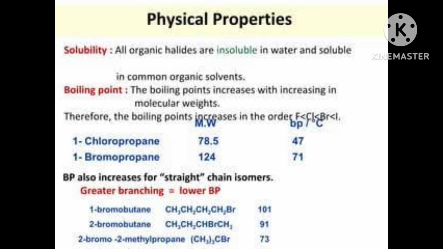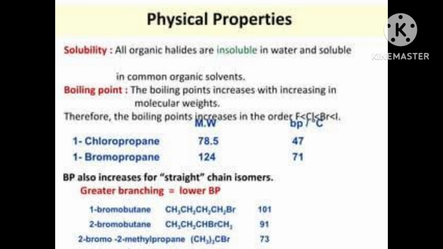Similarly, if R dash R double dash NH is reacting with alkyl halide, three R groups will attach to the nitrogen. Now three R groups are attached to nitrogen, so it will be a tertiary amine.